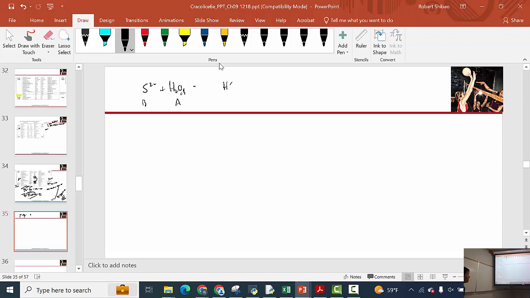And so we'll form bisulfide, just one H plus at a time. It would form hydrosulfuric acid eventually. But it's going to form bisulfide and hydroxide. So the acid gives a proton to the base? The acid gives the proton to the base, yeah.